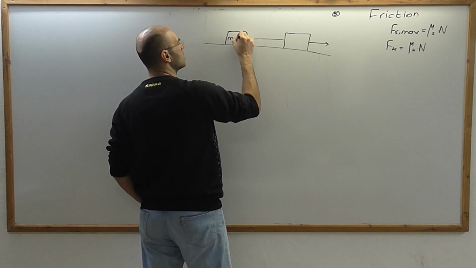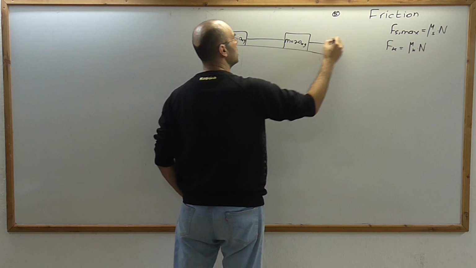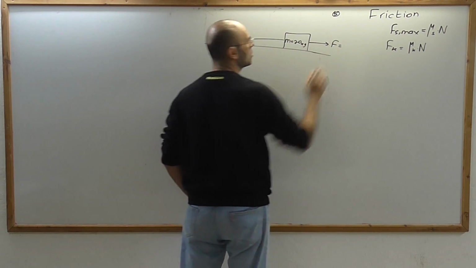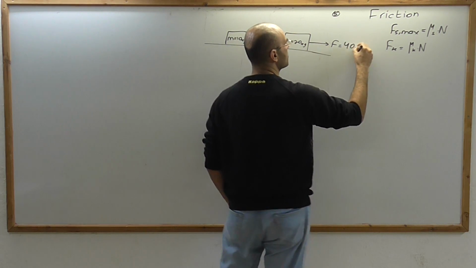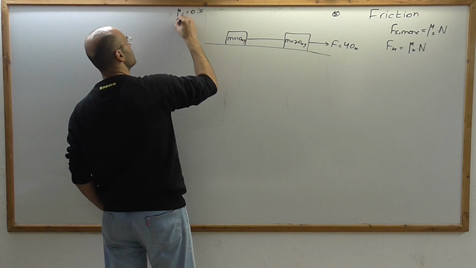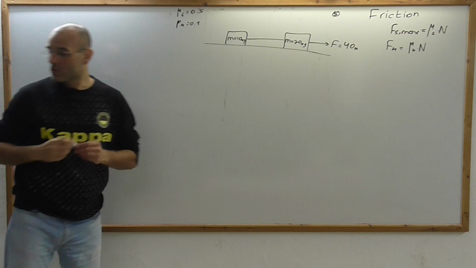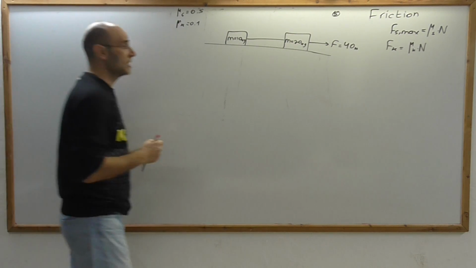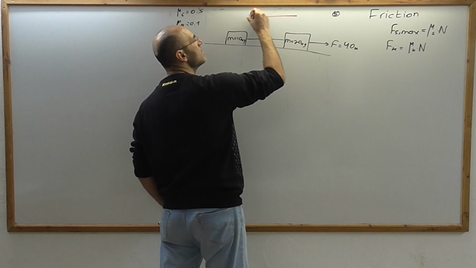This is M equals 10 kilograms, M equals 20 kilograms, F equals 40 newtons. And mu static is 0.5, mu kinetic is 0.1. But I tell you another piece of information about the system, that it moves this way.